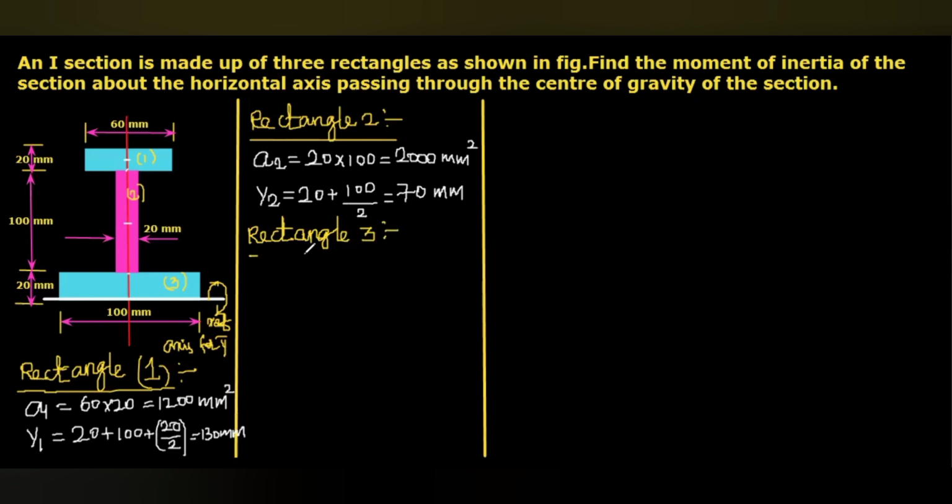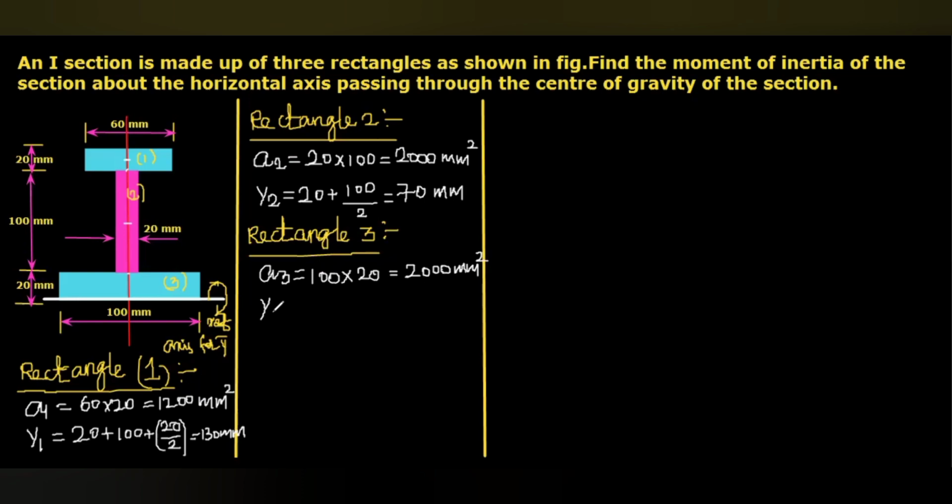Okay. So here A3, the same way we are going to calculate, that is multiplication of the two dimensions, 100 mm multiplied with the 20. So this will be the linear dimension 100 multiplied with 20, that is 2000 mm square.